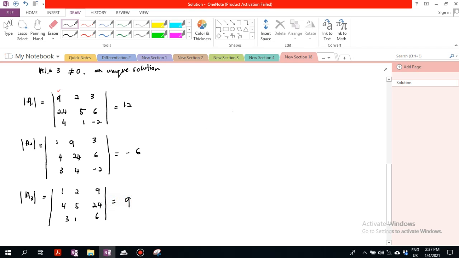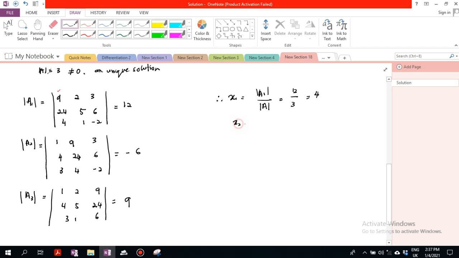So in order to find x1, the formula is your determinant of A1 divided by the total determinant. So your determinant of A1 is 12, your total determinant is 3, so you will get 4.